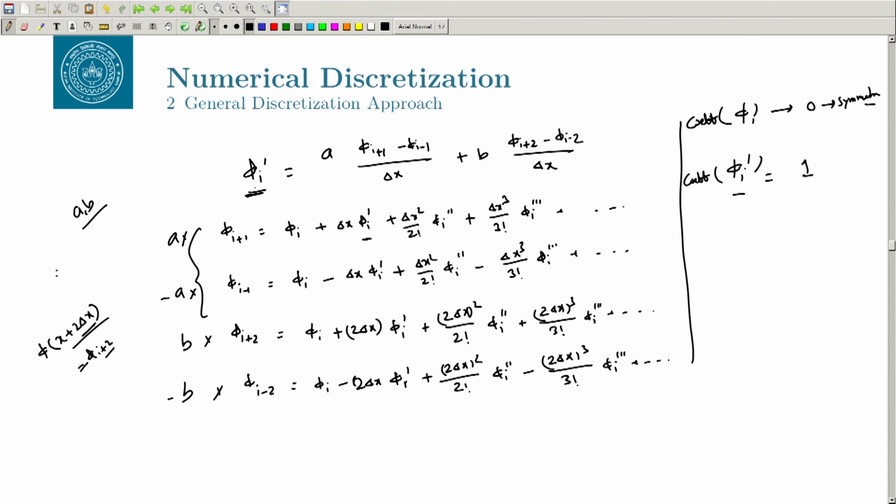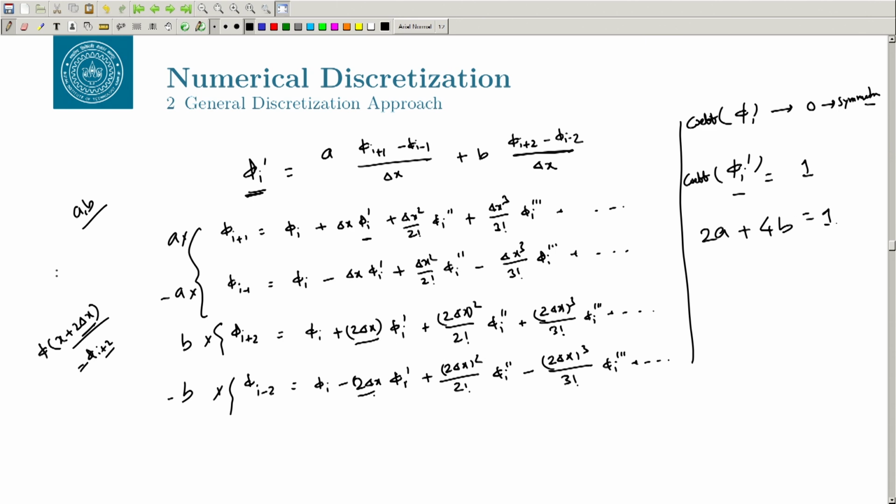So the coefficient of phi i prime we want to calculate will become a, since delta x is already there, so I am not writing that. So a plus a will become 2a. Now for phi i plus 2 and phi i minus 2, that will become 2b and 2b, which is 4b. So 2a plus 4b equals 1, I hope I am correct.